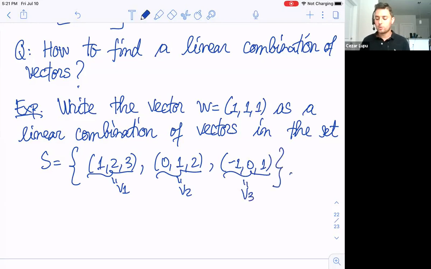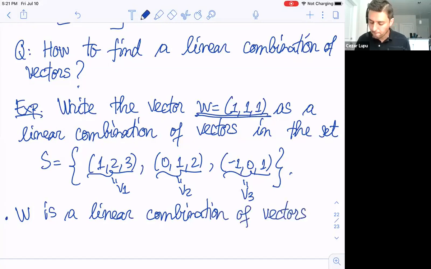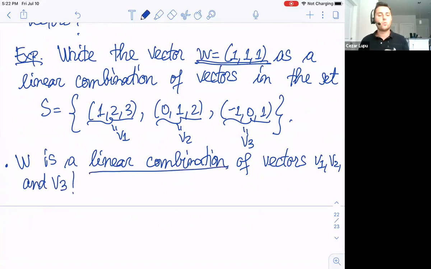Okay, so pay attention. I want to write this vector here, W, as a linear combination. So W is a linear combination of vectors V1, V2, and V3. So this means what?